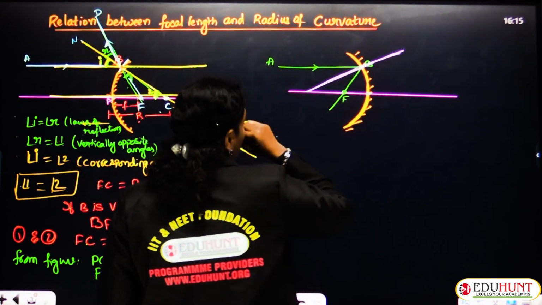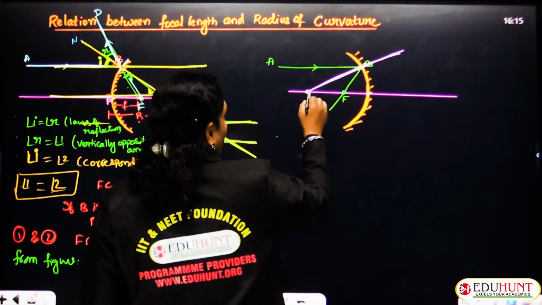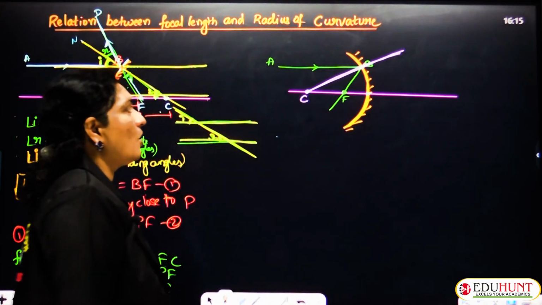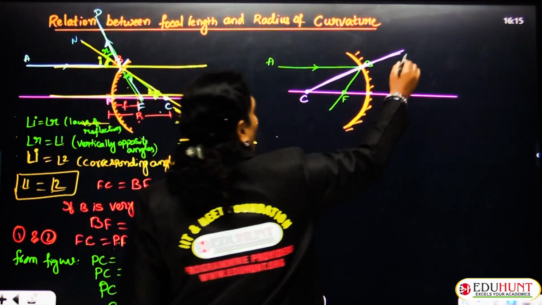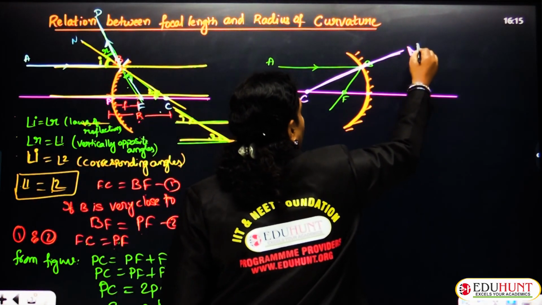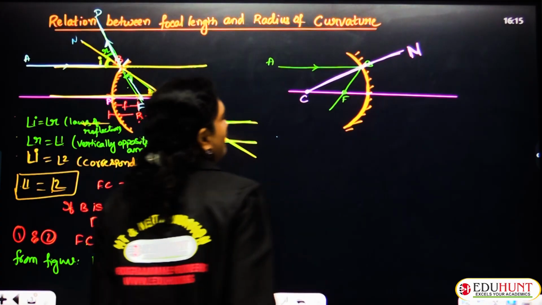The normal drawn to the mirror meets the principal axis at a point called the center of curvature. So this is your normal, a perpendicular line drawn to this surface.